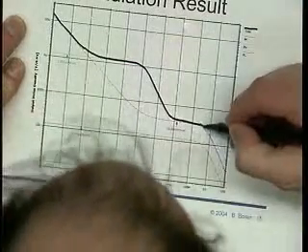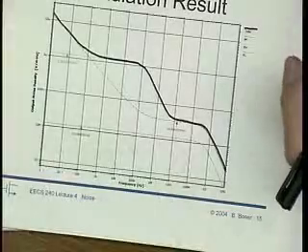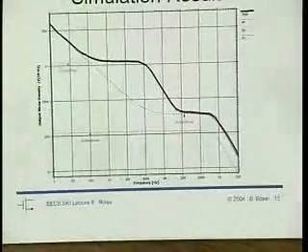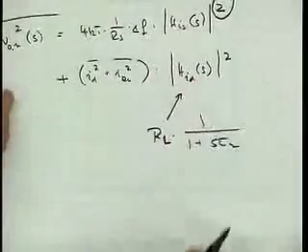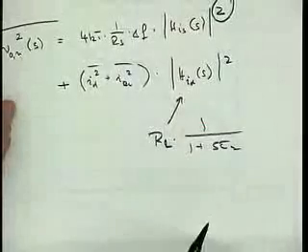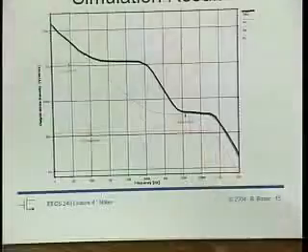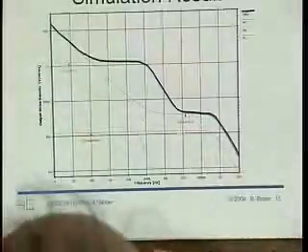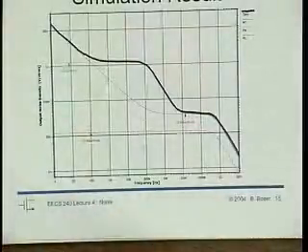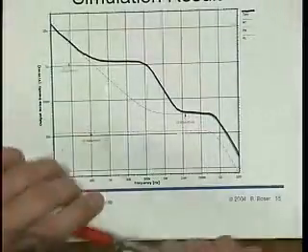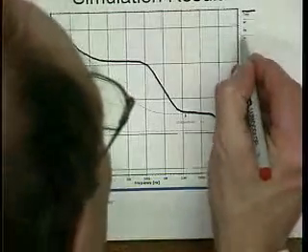Let's try to understand this, and the best way to understand it is to go back to our equation that we had derived for the noise and look at every noise source independently. Let's look first at the noise that just comes from RL, because that's the simplest contribution, and that's this line here.